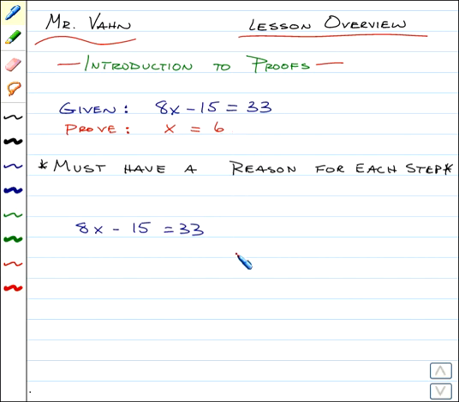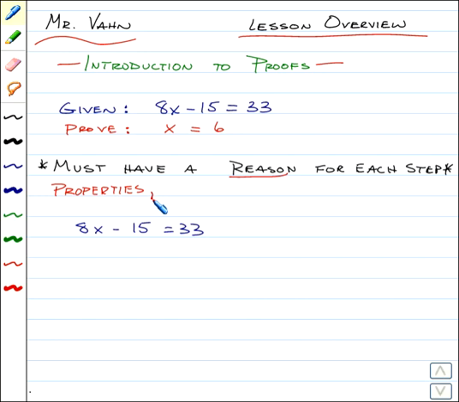Before we get into the proof, we have this little caveat, something we have to do for each proof. We have to have a reason for each step that we take in our proof. In geometry, a reason has to be a property that we already learned.